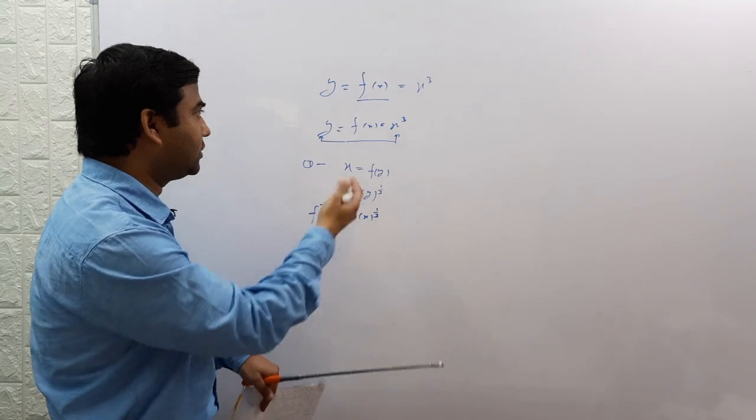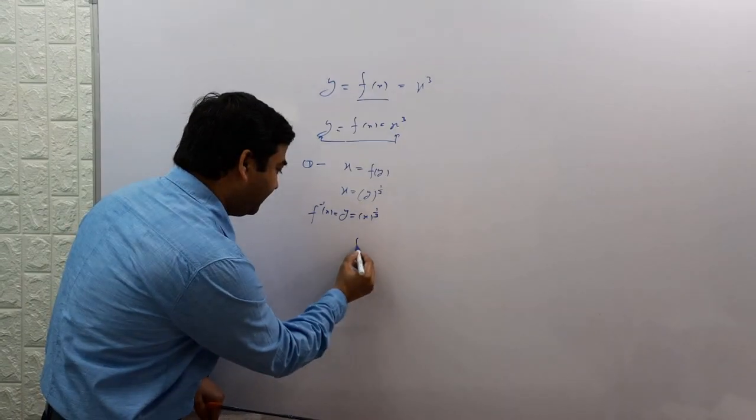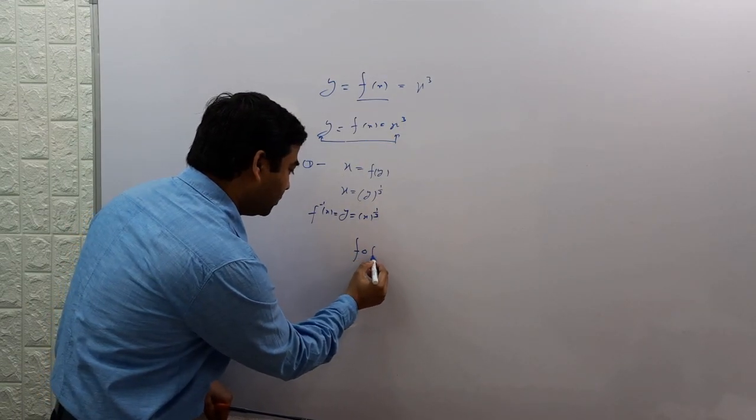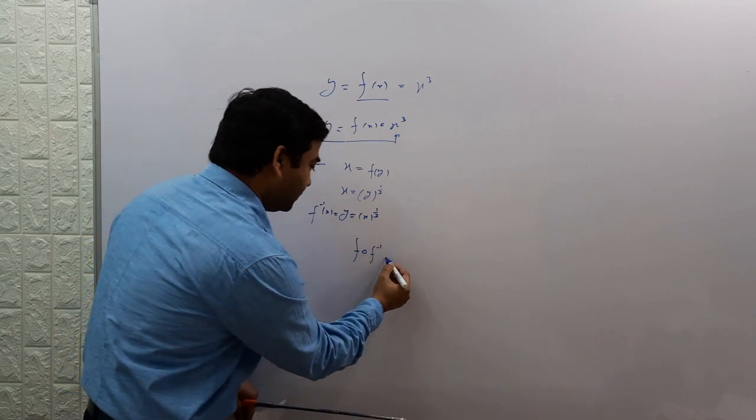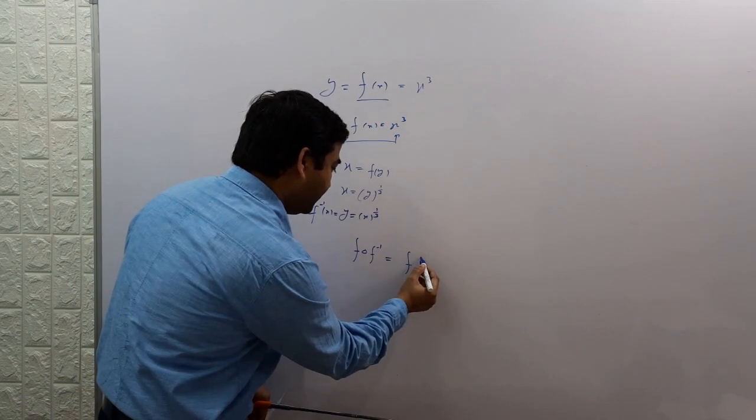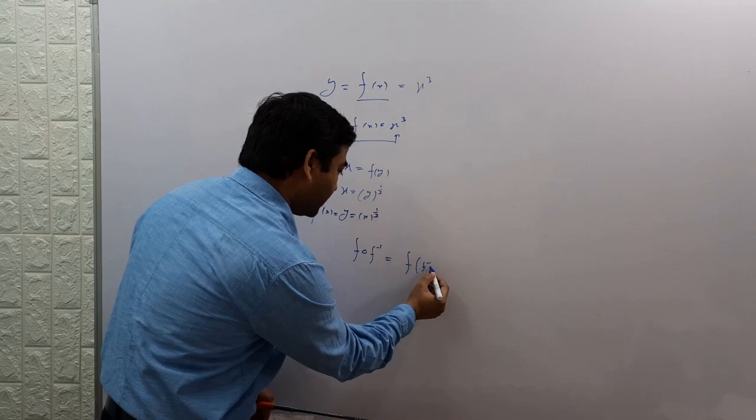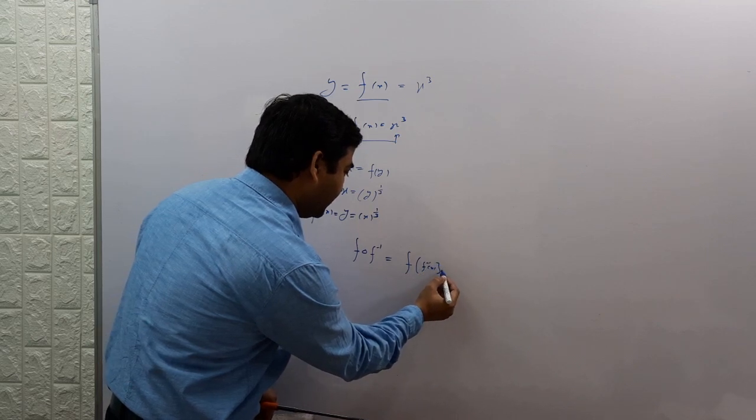So we will find the composite function f of f inverse, which can be written as f of f inverse x.